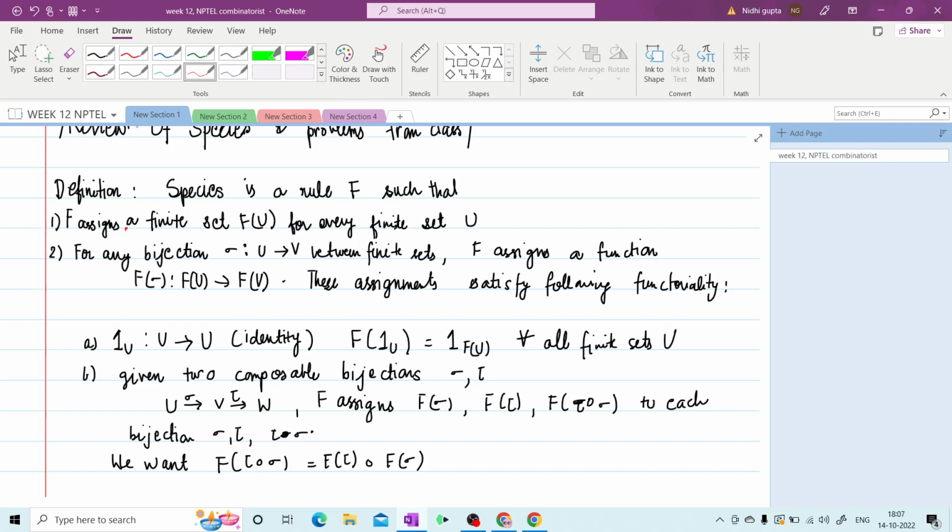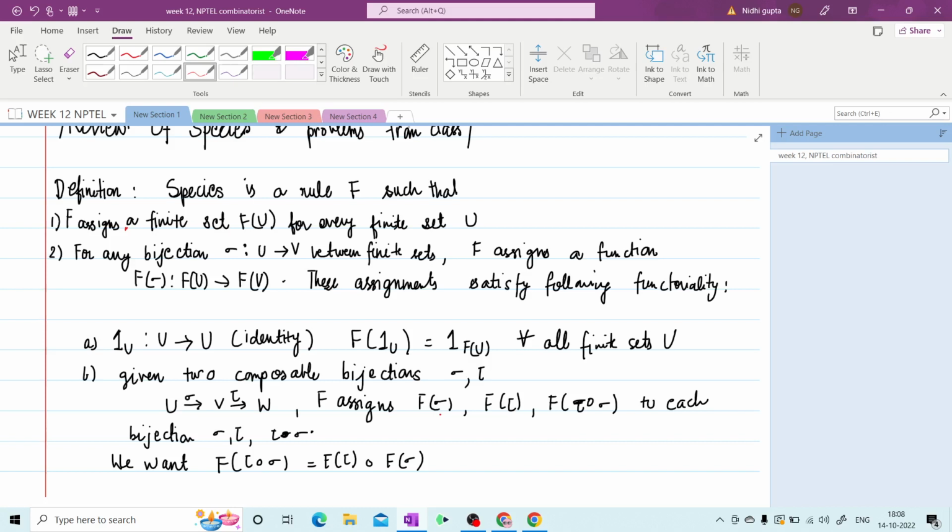And we want this compatibility, that these three functions that F is assigning should be compatible in such a manner that F of composition should go to composition of F. So F of tau composed with sigma is equal to F(tau) composed with F(sigma). So we see that if something is a species, first of all, it is a rule F which has two types of data.